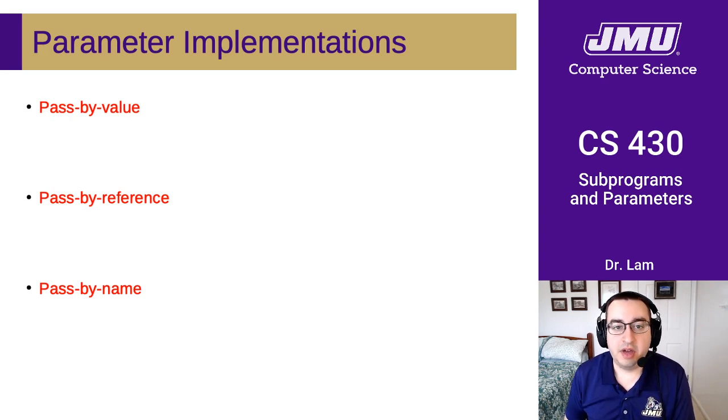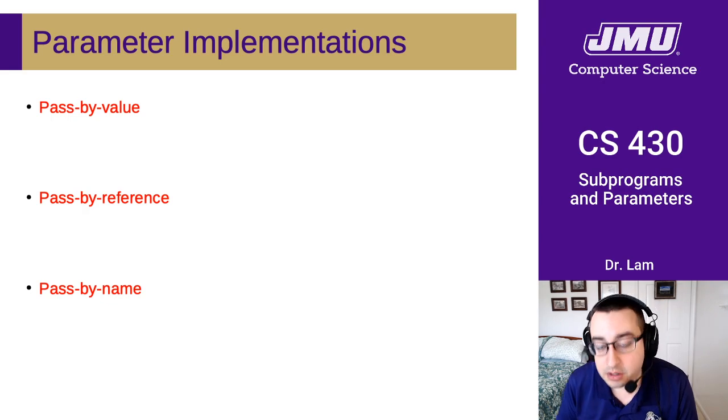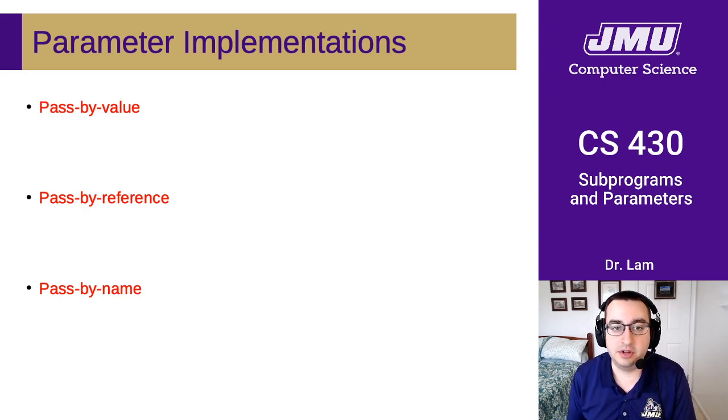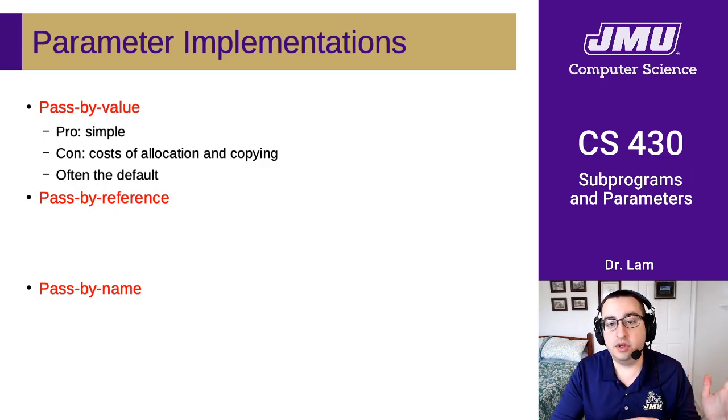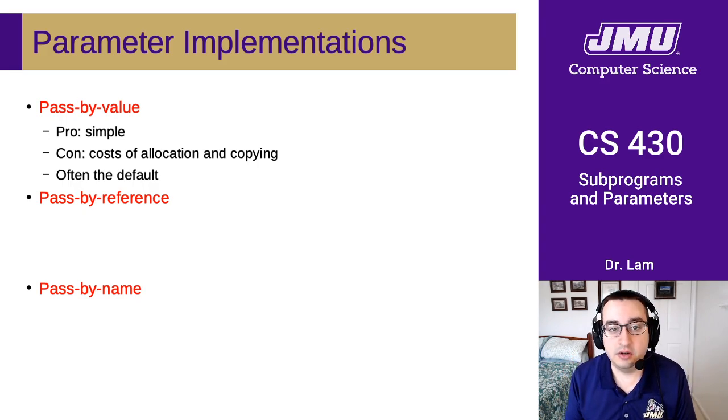So pass by value is probably the most common across a lot of different languages. It's very simple. So you'd have variable values and they're copied into the subprogram, and then it's a local variable inside of the subprogram, and everything's very simple and easy to reason about.